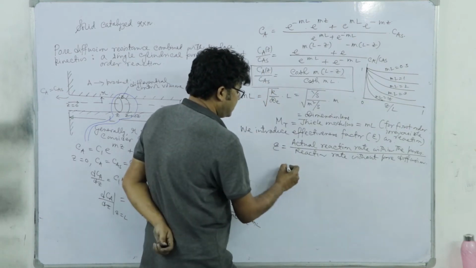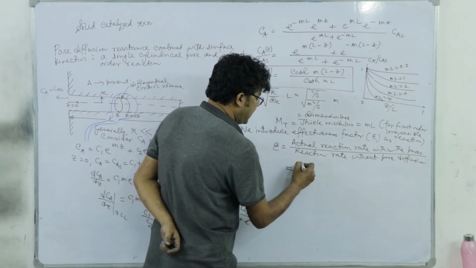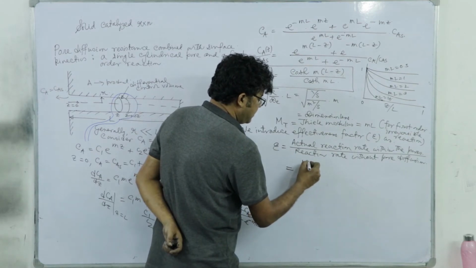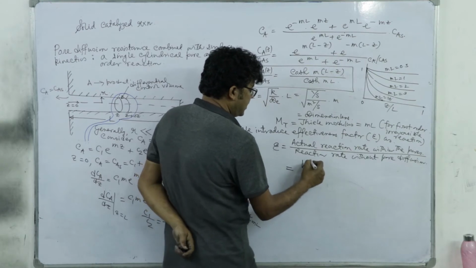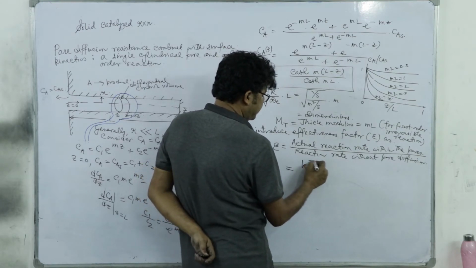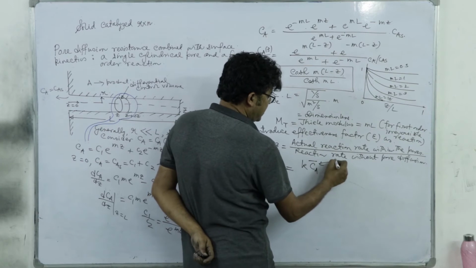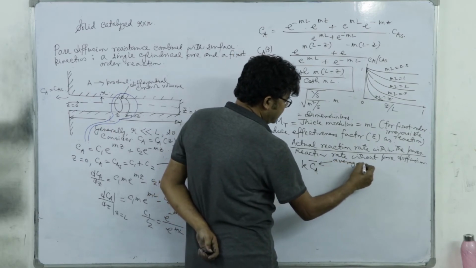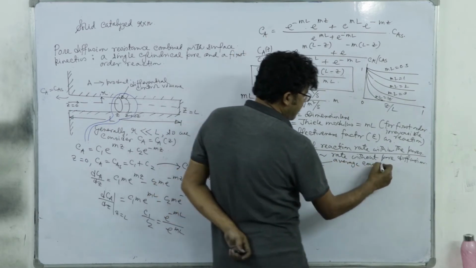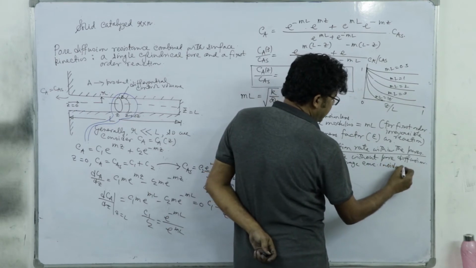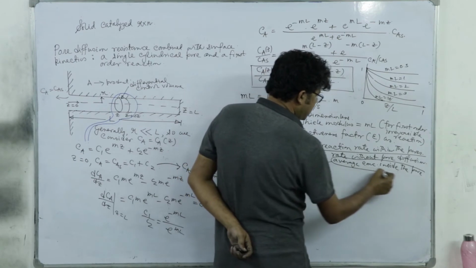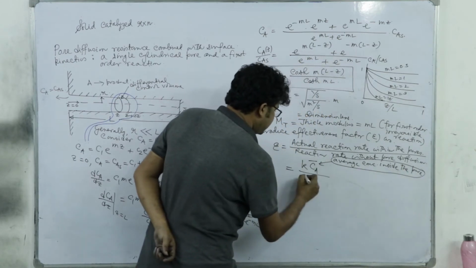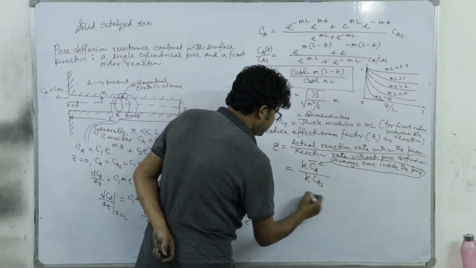So, this we can write as K into Ca average, right. So, it is average concentration inside the pore, divided by K into CAS.